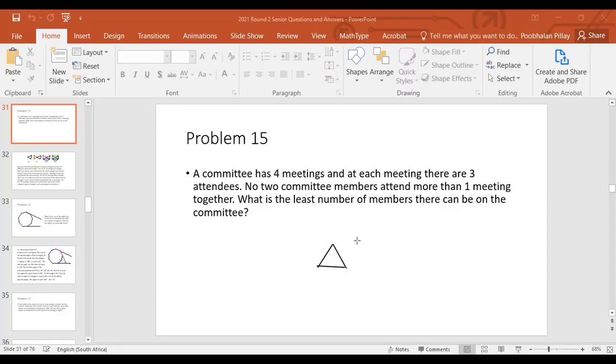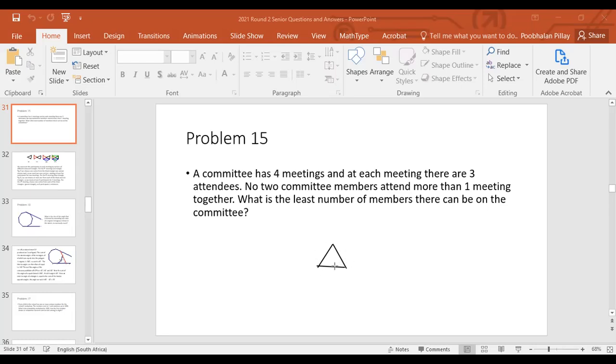Right. Now let's get to the second meeting. You want the least number of members that can be on a committee. So I want to reduce the number of members in this committee.